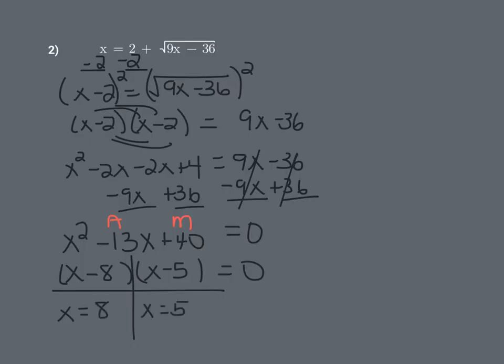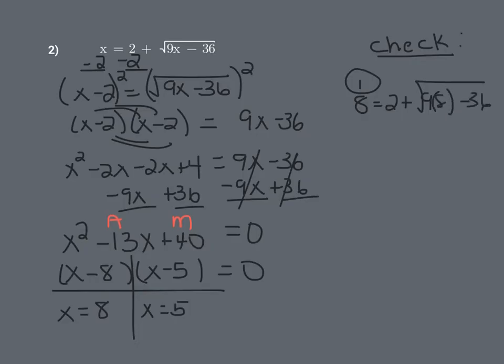Okay, and then let's do our mandatory step number 4. Let's do our check. Let's see if we have any extraneous roots again. All right, so check number 1. I'm going to take the 8 and substitute it back into the original equation. So that'll give me 8 equals 2 plus the square root of 9 times 8 minus 36.